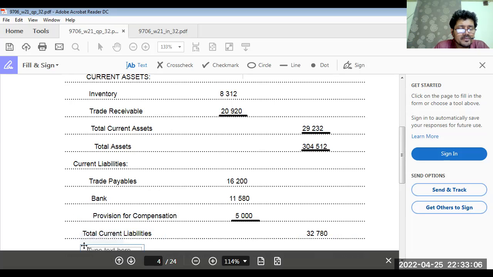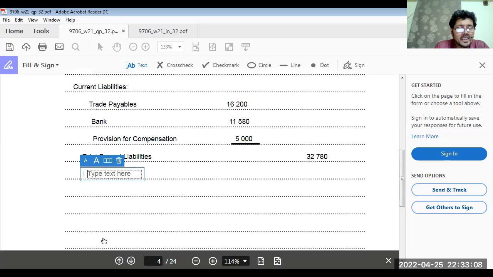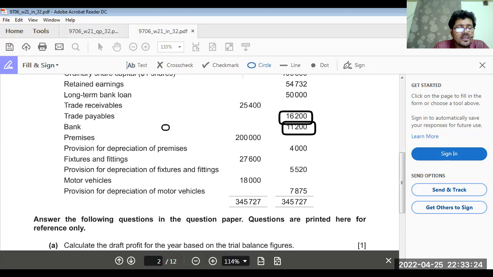Now heading, you have to write heading. Long-term liabilities. Again, we are moving to inside. Long-term bank loan 50,000. Yes.